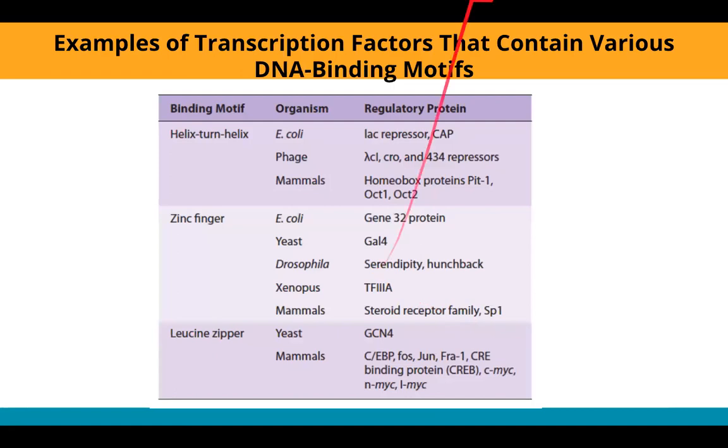So what are examples of transcription factors that contain various DNA motifs? We have these types of motifs: the helix-turn-helix, the zinc finger, and the leucine zipper. Please remember this table, and I want you to memorize this because these are examples of the several binding motifs.